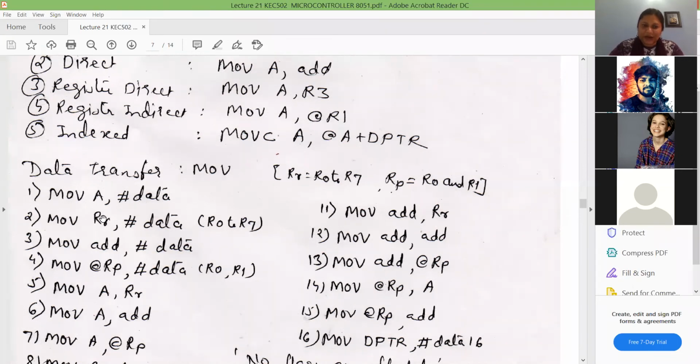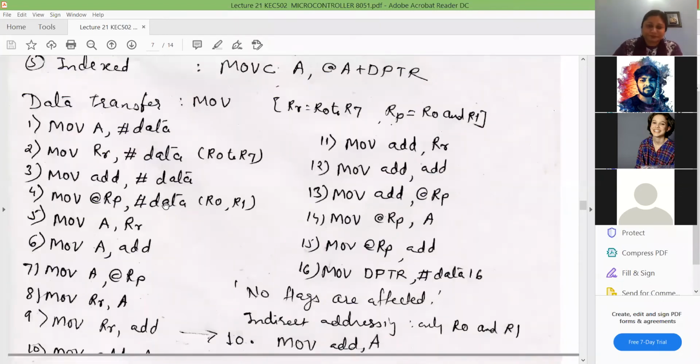So whenever I use RR, it will be from R0 to R7, and whenever I use RP, it will be only R0 and R1. In that instruction, R2, R3, R4, R5, R6, R7 are not allowed. If we use RP, then only R0 and R1 are allowed. And these are the instructions with this particular sign, indirect addressing. So we'll see how the instructions are.